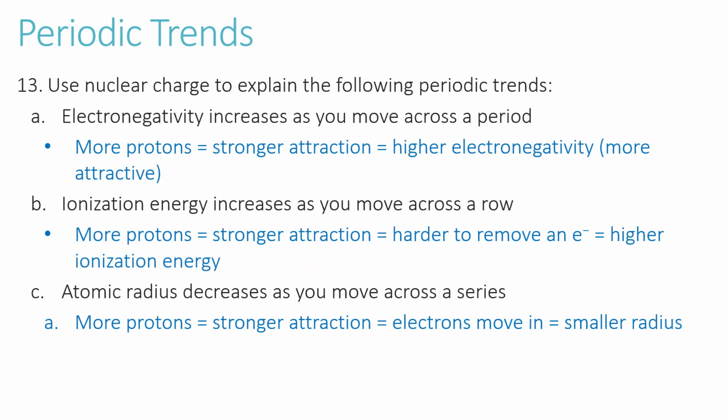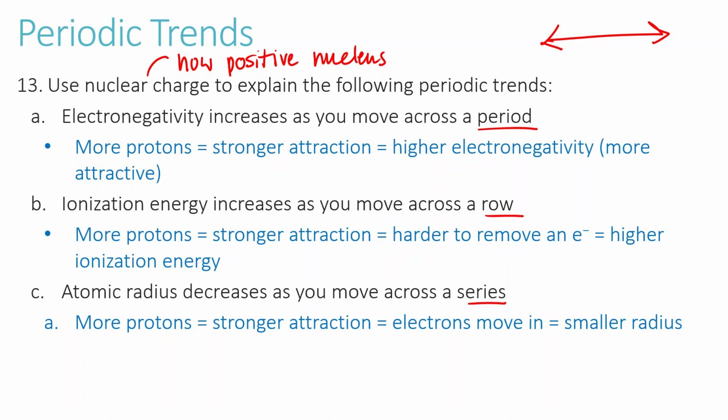Next, we want to look at nuclear charge. This is the charge on the nucleus, so how positive the nucleus is. As we go across a period, a row, or a series, those all mean the same thing, so we're talking about left to right, we're gaining more protons in the nucleus.